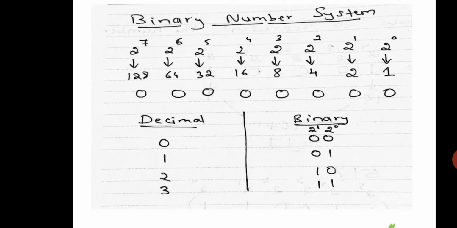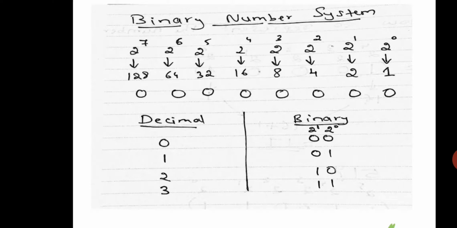In small characters, I have written 2 to the power 0 and 2 to the power 1. Now whenever you are representing the number 0, you have to put 0 for both positions. You should not put 1 over there. Why? Because 0 into 2 to the power 0 is 0, and 0 into 2 to the power 1 is again 0. So ultimately you are going to get 0 itself.